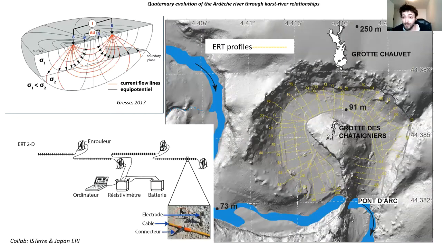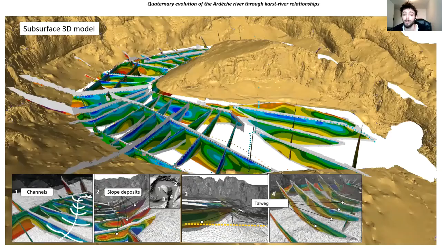On some specific sites which were quite important for us, for example, here still the Combe d'Arc meander, we performed some electrical resistivity tomography geophysical profiles in order to investigate the organization of the subsoil deposits inside the abandoned meander. We plotted the cross sections, the results, inside the 3D model in order to compare what we saw inside and what we saw outside.